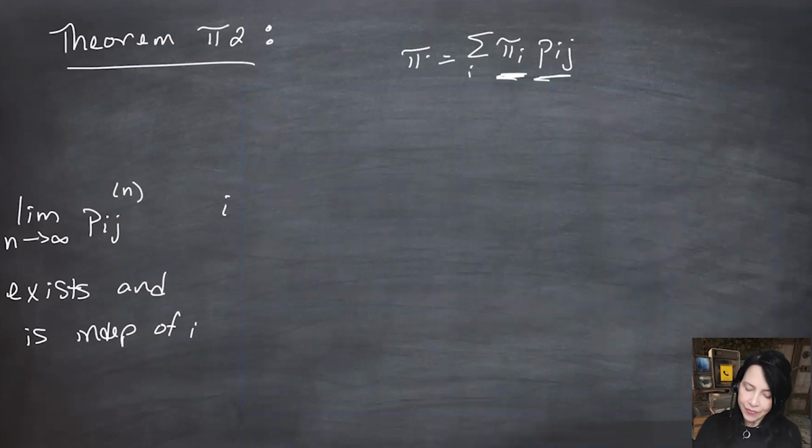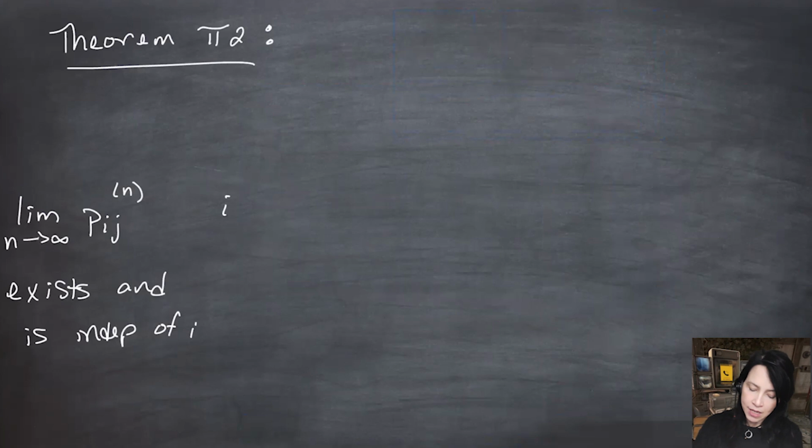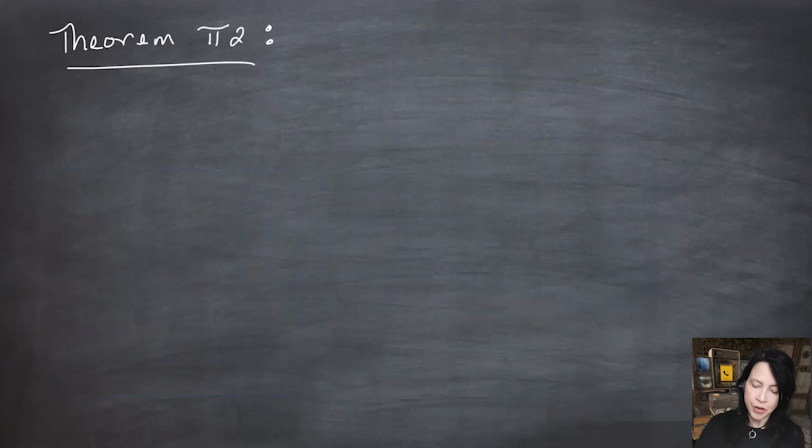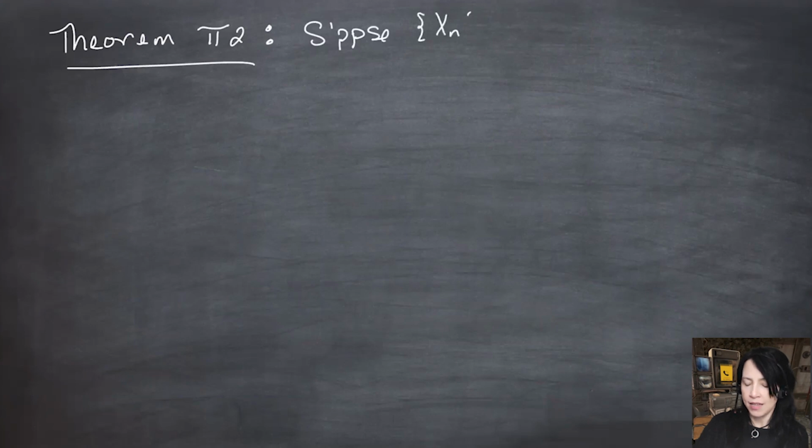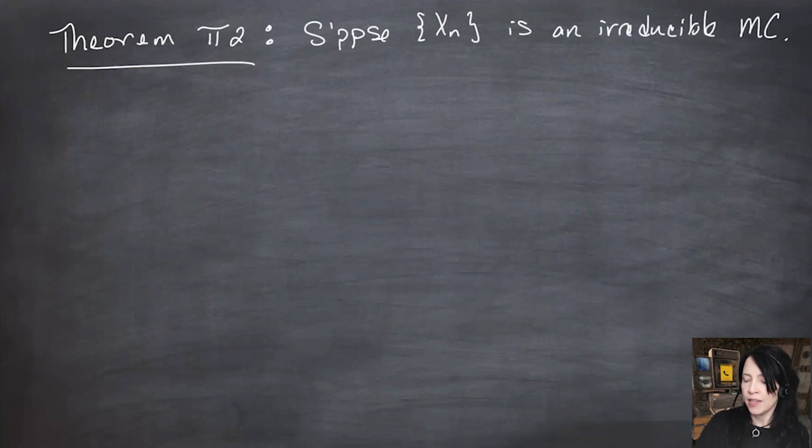And theorem pi 2 is not going to be about a limiting distribution, which happens to be stationary, but just about a stationary distribution. So suppose that X_n is an irreducible Markov chain, which means all states communicate, on a discrete state space and in discrete time.